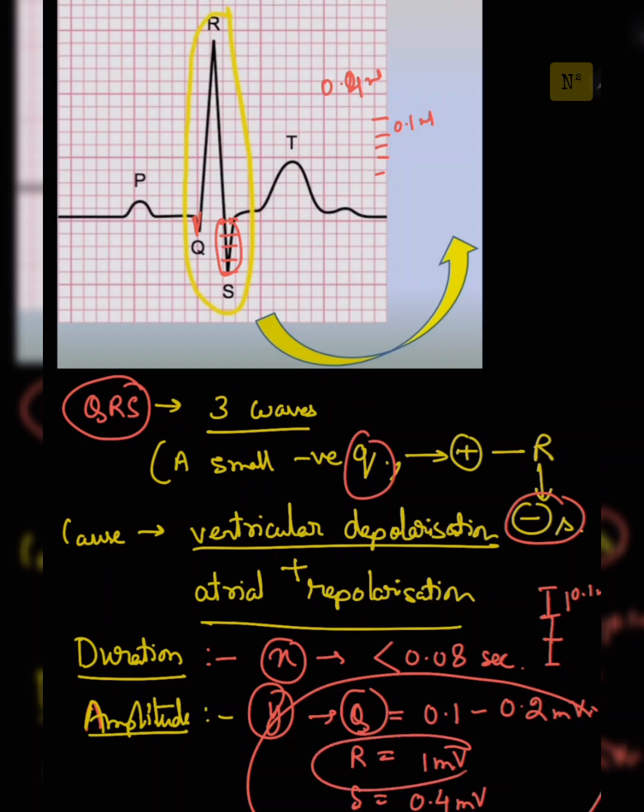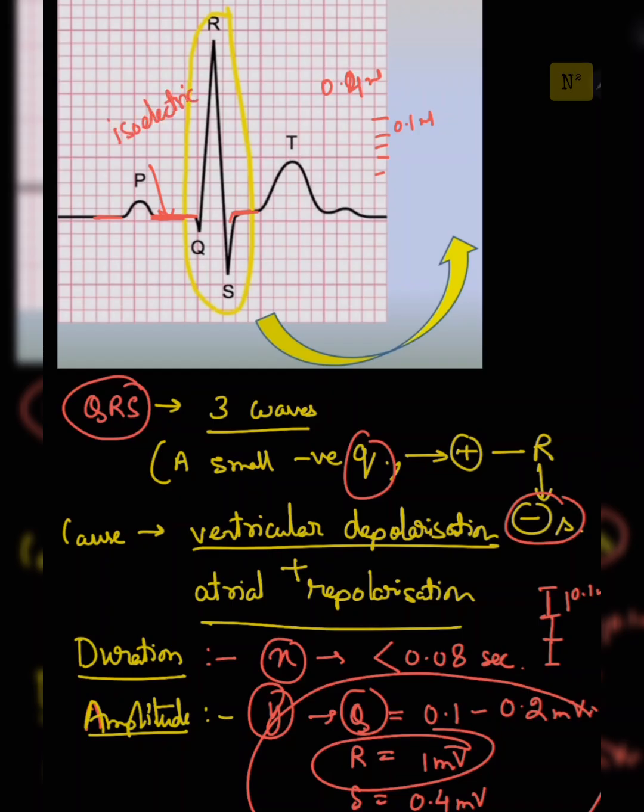Now the next positive wave is the R wave. Whenever you are judging whether it's a positive wave or a negative wave, you should always count it from the isoelectric line. The straight line which is connecting all the individual curves or waves in the ECG strip is called the isoelectric line.